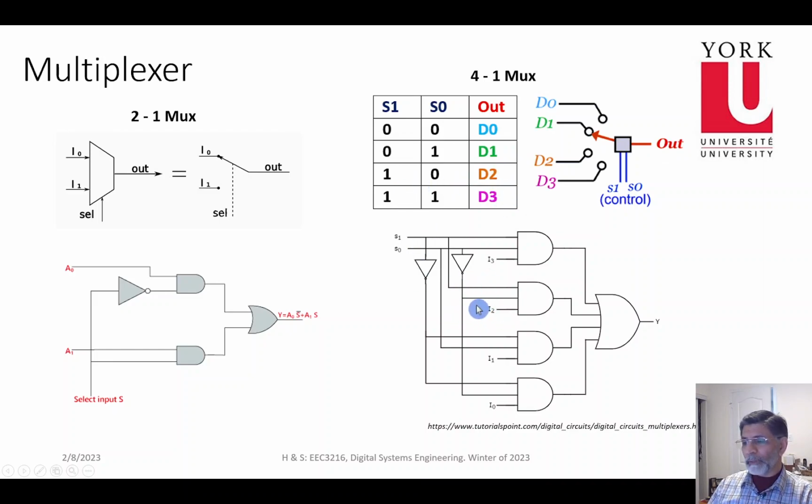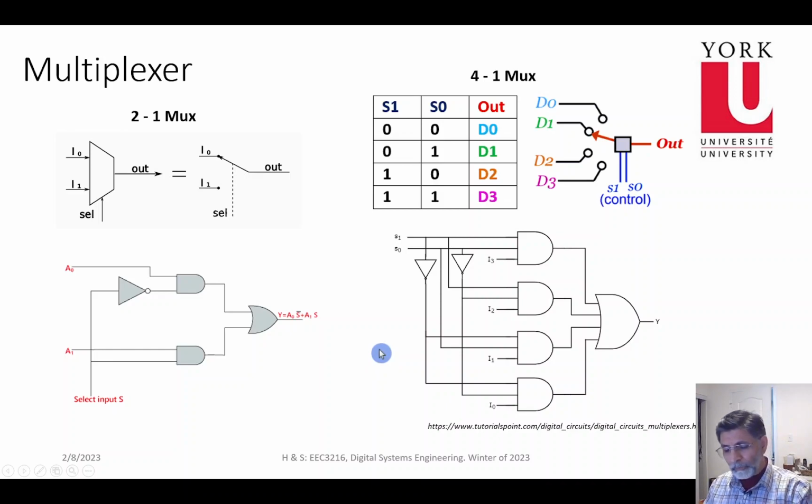This is again structurally how a 4-to-1 multiplexer would be in terms of hardware gates. You can see there are 2 inverters, 4 AND gates, and 1 big OR gate. These are the references from where I've taken some of these images.